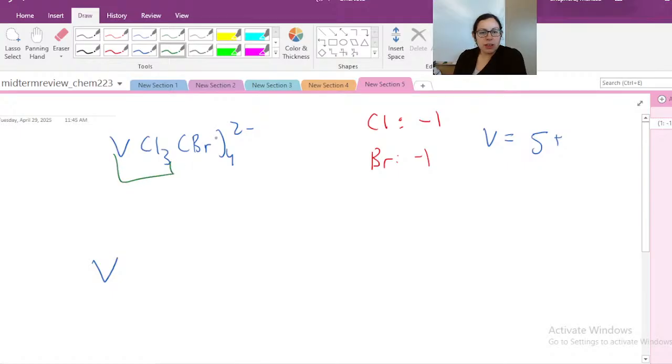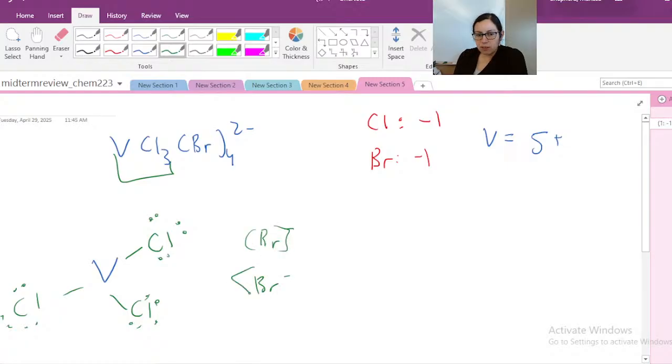Really, how to look at this is that these are bound, so we have some sort of vanadium chloride complex that's missing electrons or something. Then your bromines are floating around as counter ions. So they're actually outer sphere, just like the ionic compound portion.